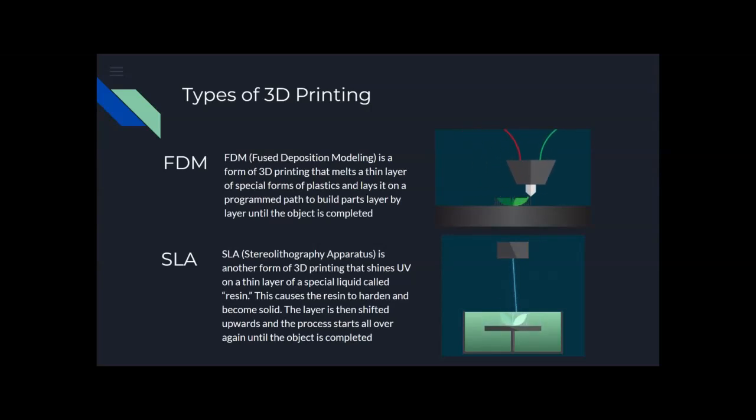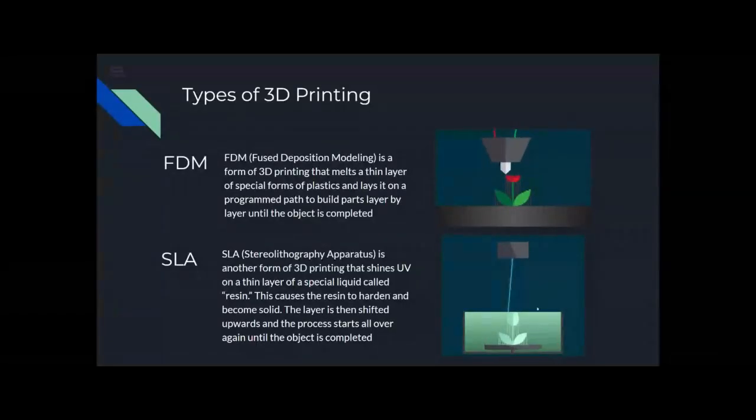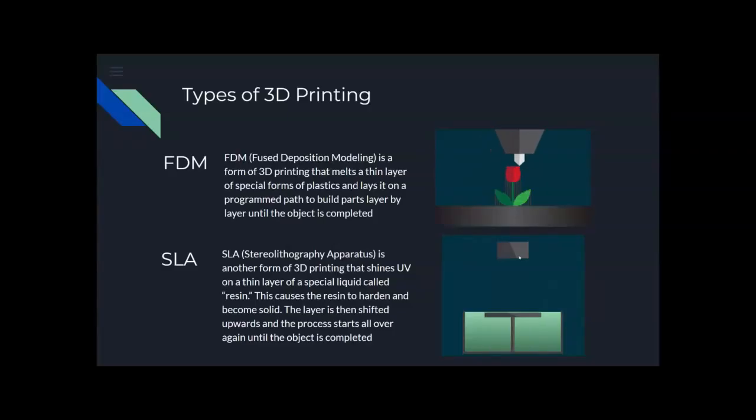There's also SLA, which instead of using melting plastic, actually cures resin in a vat. So in this little photo, imagine that this green background is all liquid resin that cures when exposed to UV light. And this laser would obviously be a UV laser.